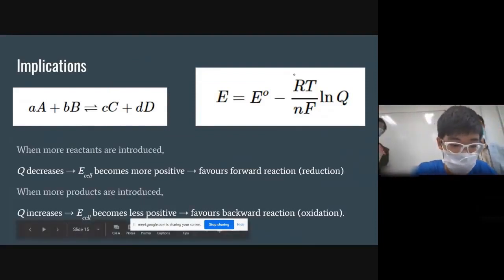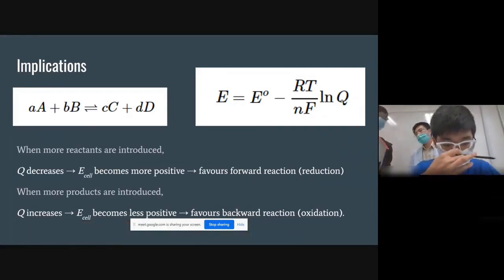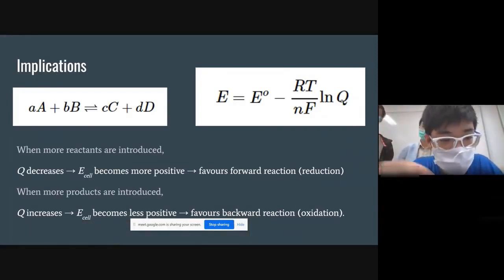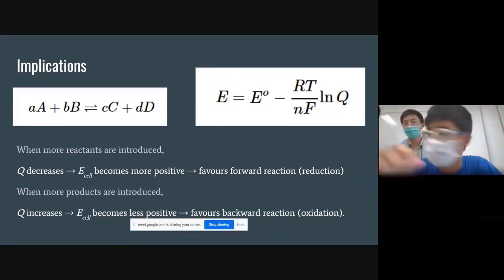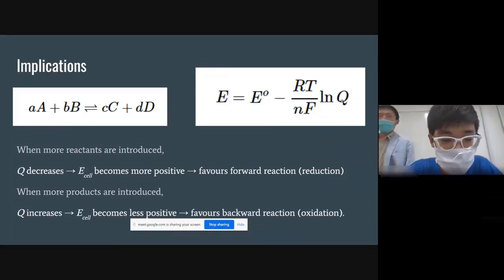So we can use this to predict what will happen in the reaction based on the Nernst equation. Let's say we introduce more reactants to this reaction mixture. So my Q would decrease.